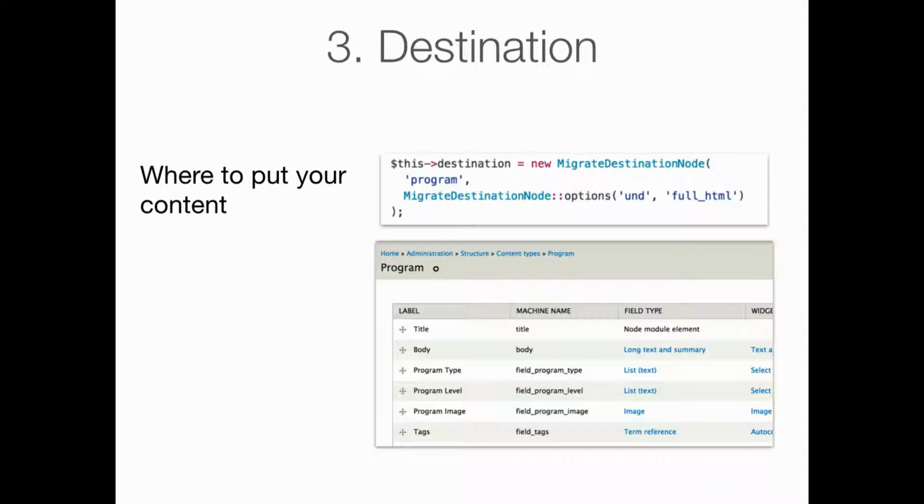And then the only option I need to worry about right now is that I want the language to be undefined, because this site, luckily, it's just in one language, makes my life easier. And then I want to use the full HTML text format.